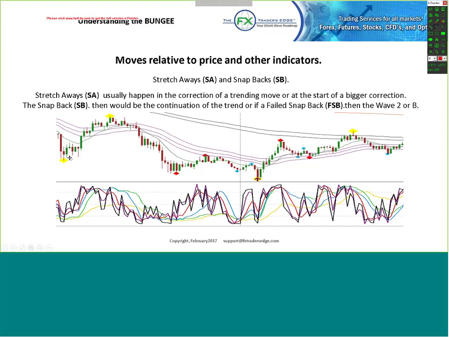There's the correction. There's the stretchaway. But the trending move is down. And again here, a stretchaway, but against the direction of the trend. That's when you get stretchaways.